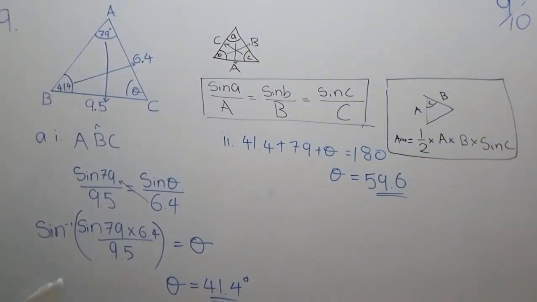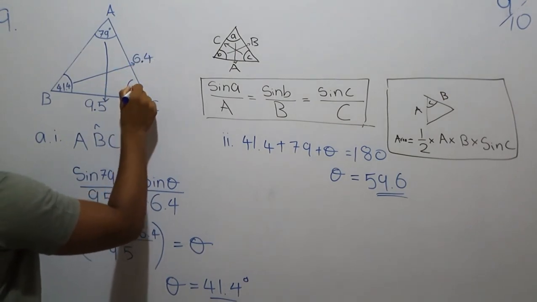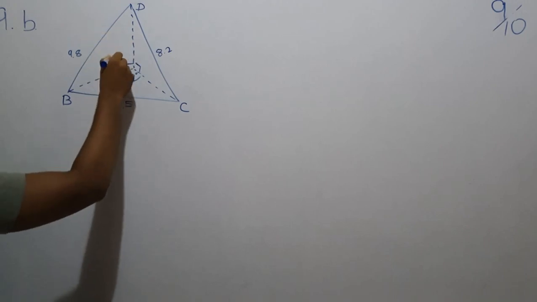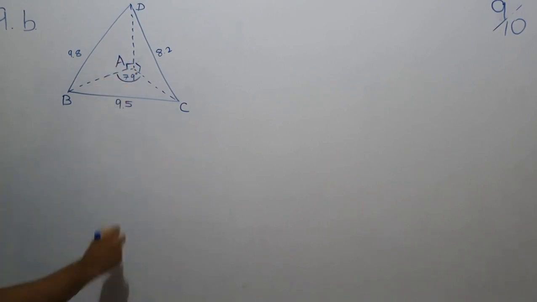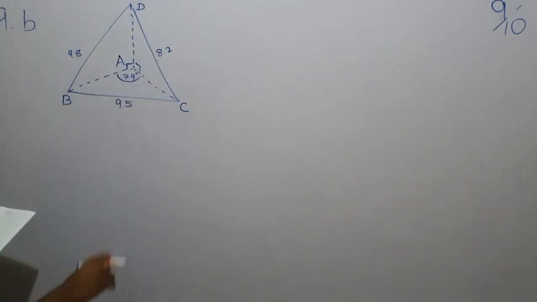So we know this angle as 59.6. So you have A, B, C as the base of the pyramid. BD equals 9.8 centimeters.